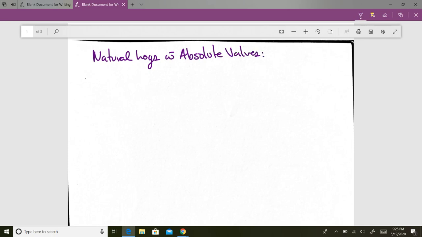Okay. Well, if I'm asking you for the derivative of the natural log of the absolute value of u. The absolute value of u will equal u if u is greater than 0.